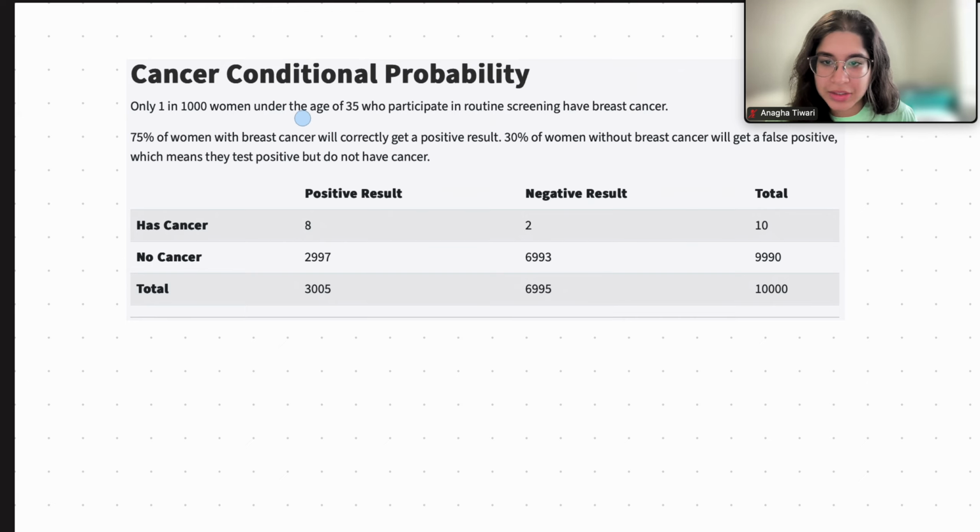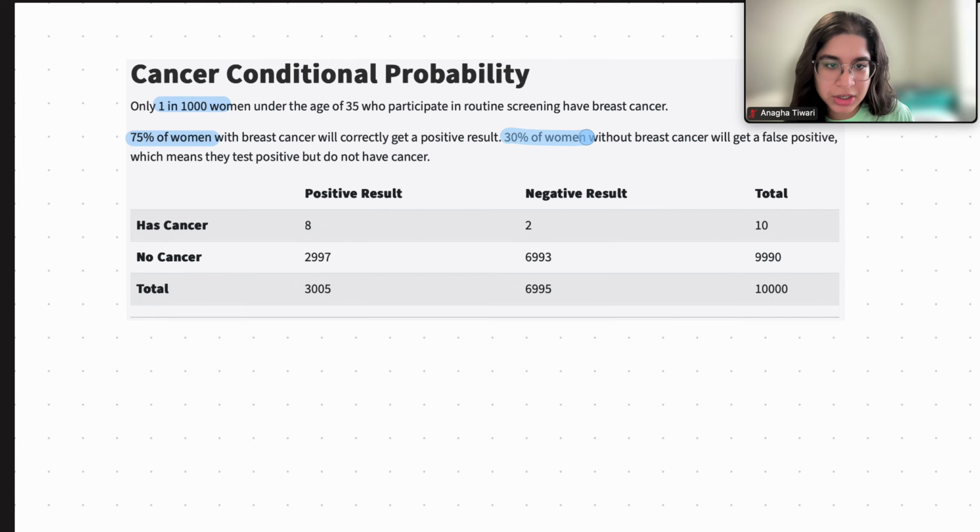Only 1 in 1,000 women under the age of 35 who participate in routine screening have breast cancer. Okay, so here it says 75% of women with breast cancer will correctly get a positive result. So this means that 75% of women will get a correct, true positive result, right? So given that they have a positive result given that they have breast cancer, right?